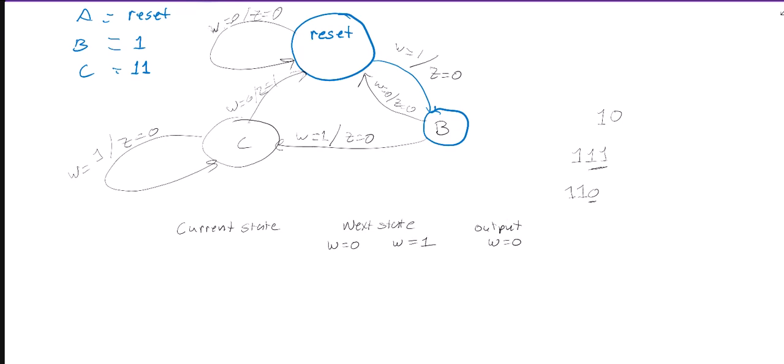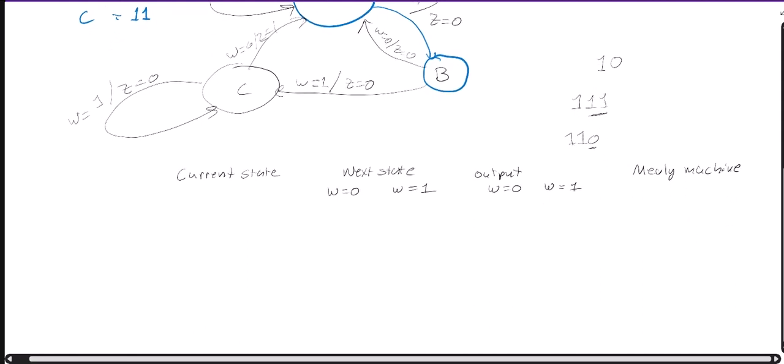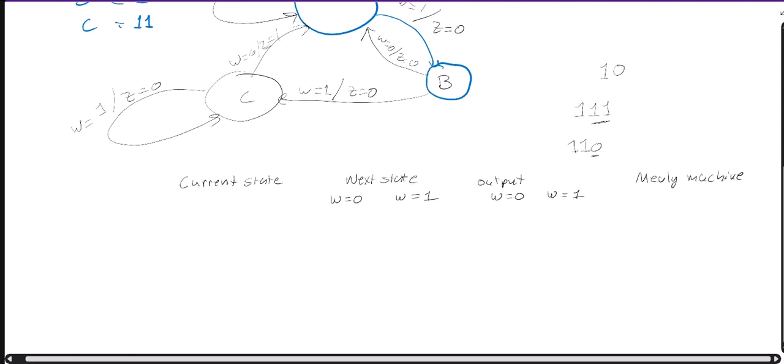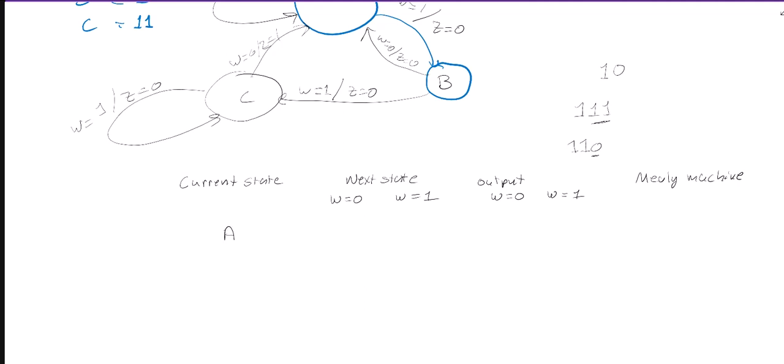And also for my output, I'll have W equals 0 and W equals 1. That means this is a Mealy machine, because my output depends on my input. Since I have to have these columns for W equals 0 and W equals 1, that means it's a Mealy machine. If I had the same output no matter what the input was, then that would be a Moore machine.